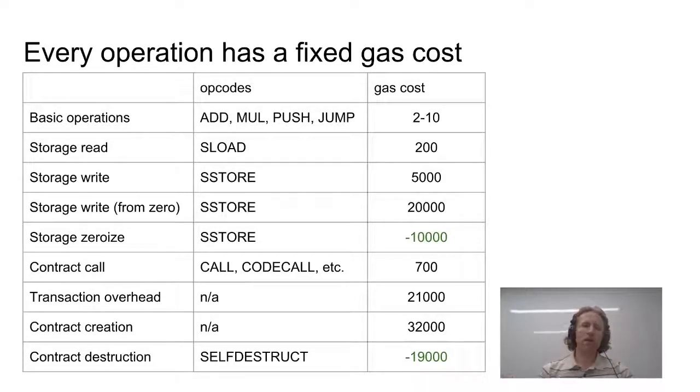So if you create a contract and then destroy it, you're still in the hole by 14,000 gas. And similarly, if you write a new word to storage and then delete it, you're 10,000 in the hole, even though you are getting 10,000 back when you zeroize the memory.